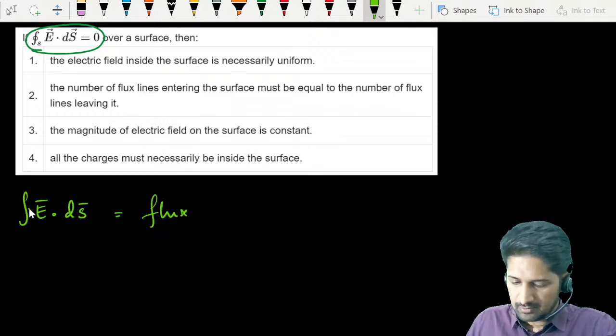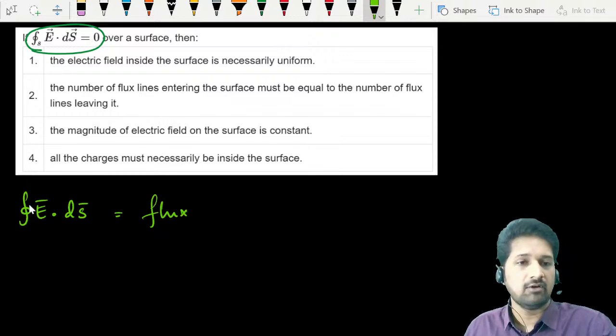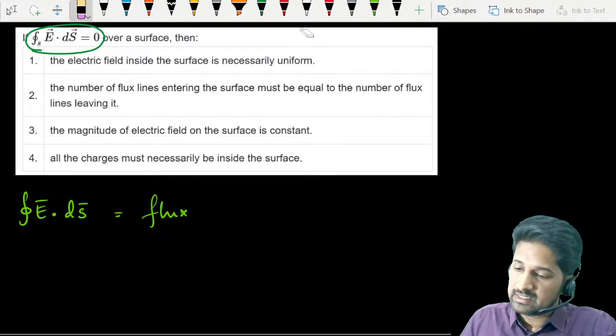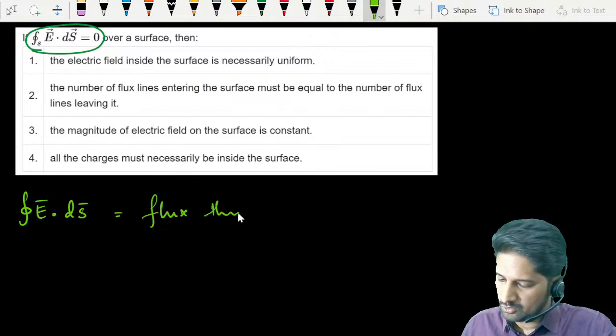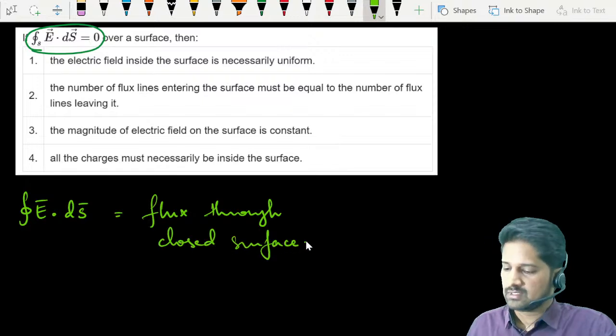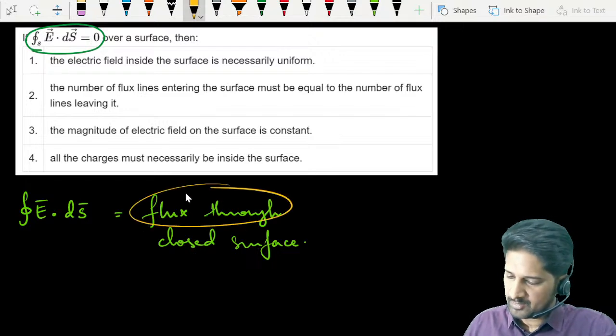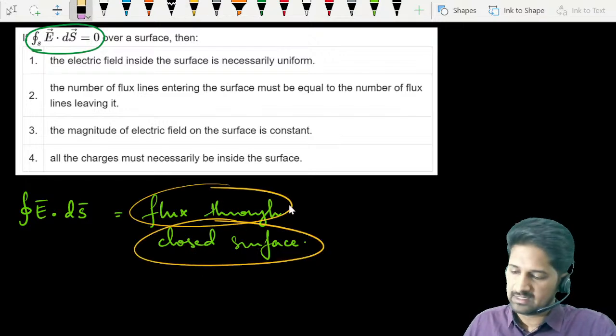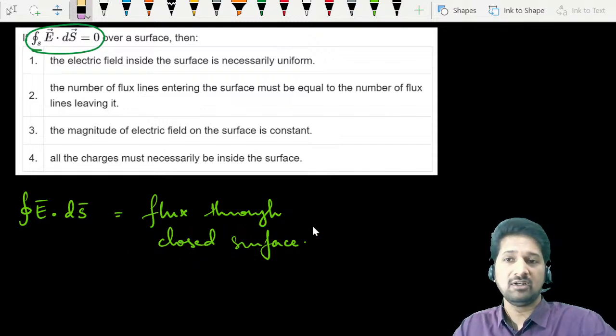Now if you are given closed integral E dot ds, that means it is the flux passing through a closed surface. Based on this, you can understand that this is a question based on Gauss law.